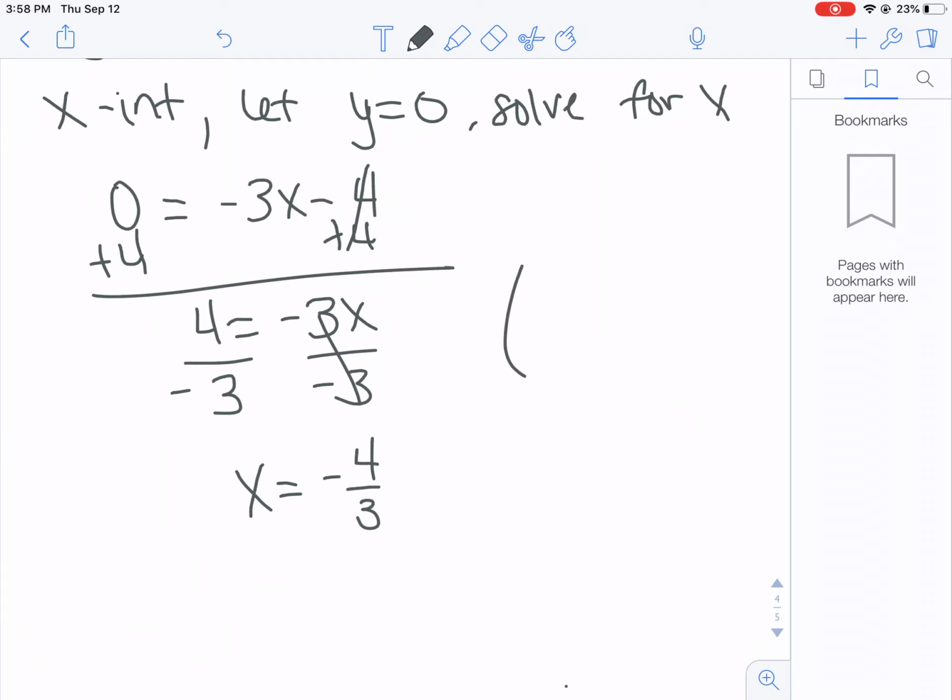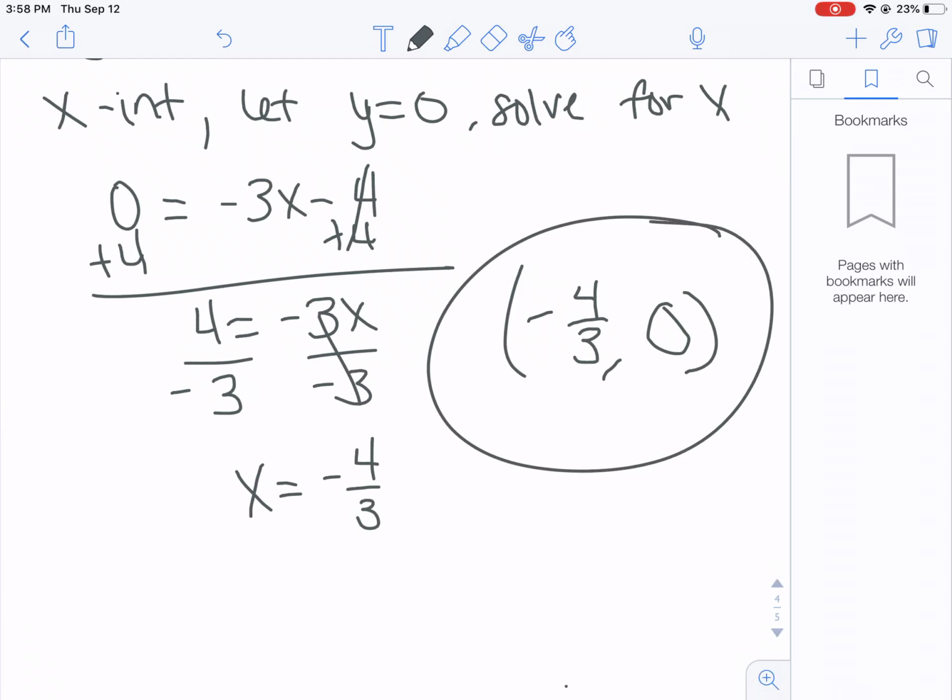So I write this as an ordered pair. My x value is negative 4 over 3, and my y value is 0. So that's my x-intercept. So now I'm going to go through and find the y-intercept. So for the y-intercept, this time x is going to be 0, and we're going to solve for y.